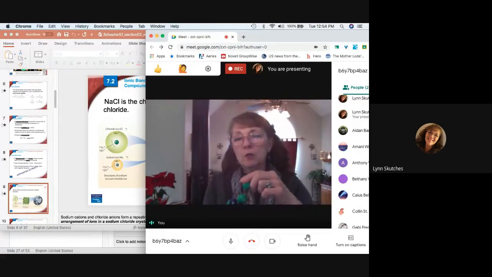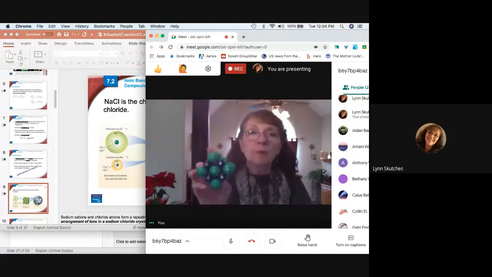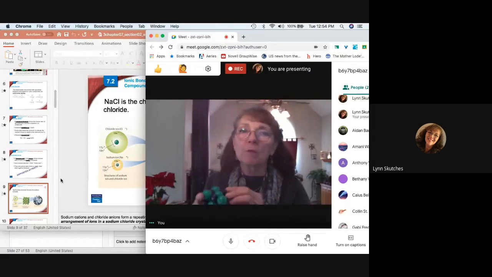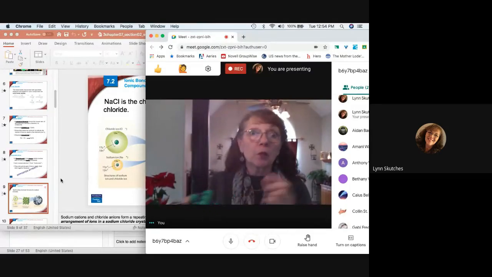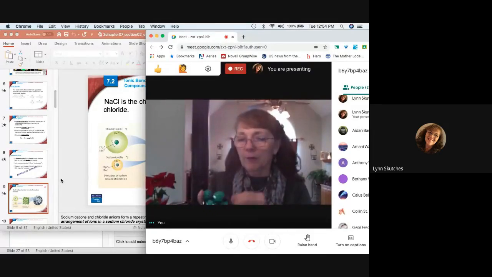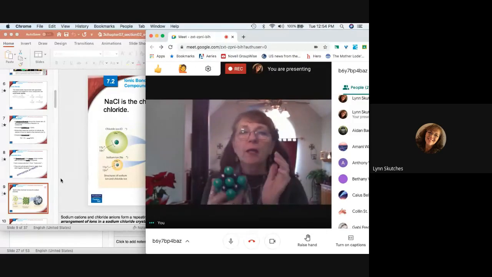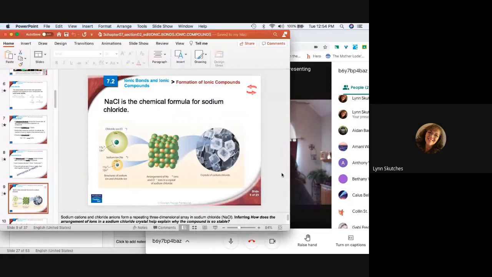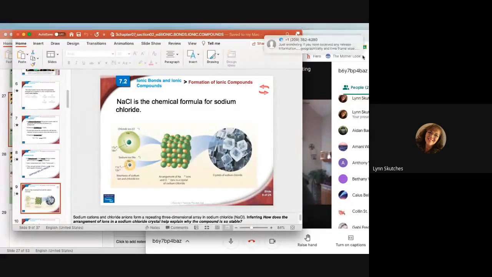So if I try to put the two green ones together, they won't stick. And that's because the green ones are supposed to be chlorine, and the blue ones on my model are supposed to be sodium. Remember, sodium's a metal, it loses, it makes a smaller ion. Anyhow, lots of fun to play around with. So sodium chloride is a cubic crystal. There are other patterns that form, but this one is cubic.